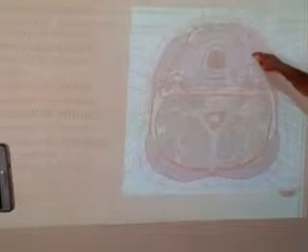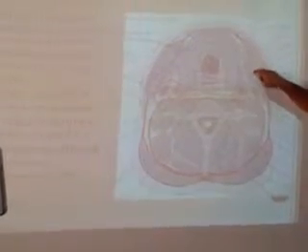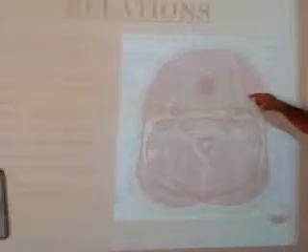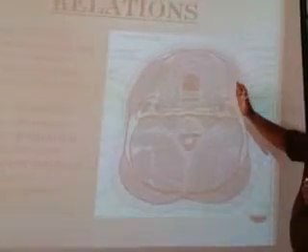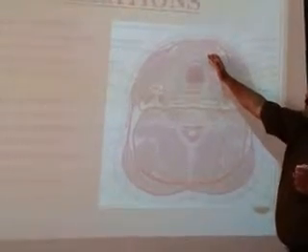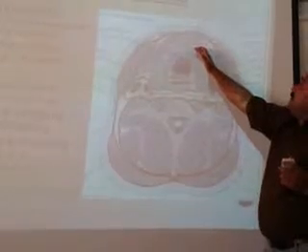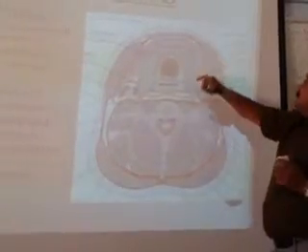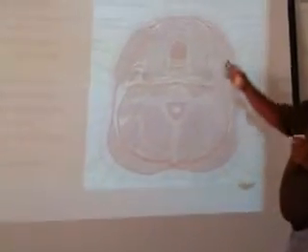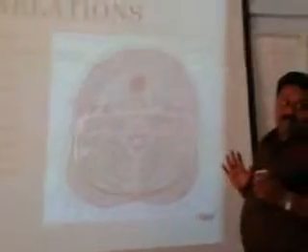And this is an omohyoid muscle, superior belly of the omohyoid muscle. So the anterolateral surface of the thyroid gland is related to the sternothyroid, sternohyoid, and superior belly of the omohyoid muscle. Okay, is it clear?